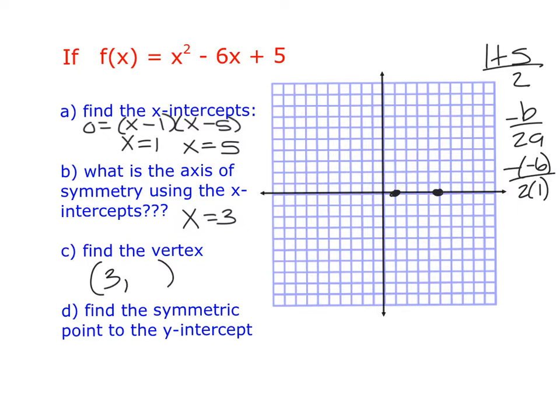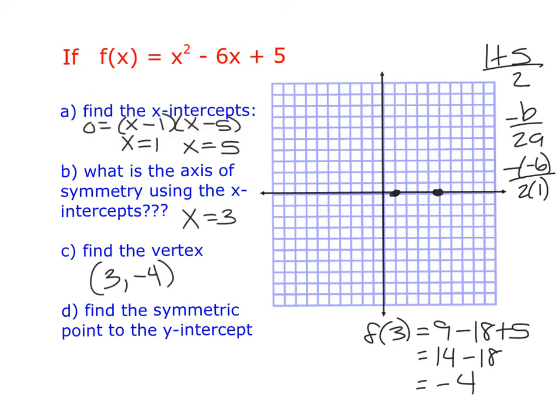Now we're going to find f of 3, plug in. So that's 9 minus 18 plus 5. That gives me 14 minus 18, which is negative 4. So 3, negative 4. 1, 2, 3, 4. My y-intercept is 5. 1, 2, 3, 4, 5.